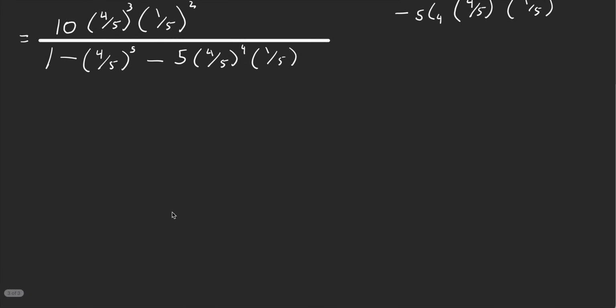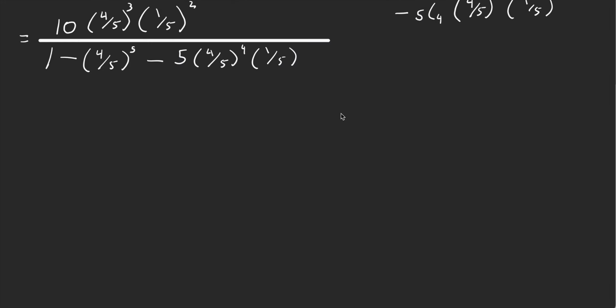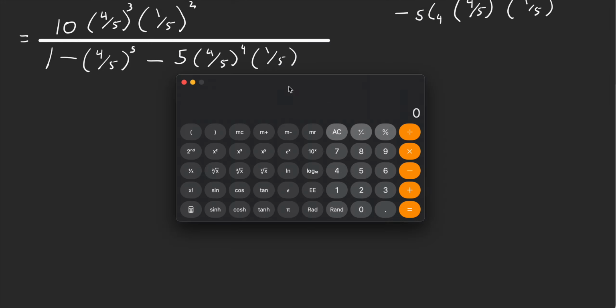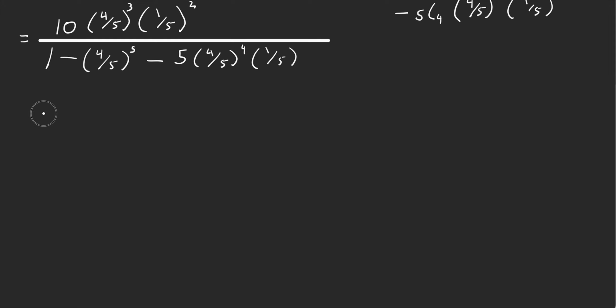Okay, if it's okay with you, I'm going to use a calculator to do some of this work for me. And I don't think my calculator will mind. So let's just get a couple numbers going. 5 to the 5th is 3125. So I think this is 10 times 64 over 3125.